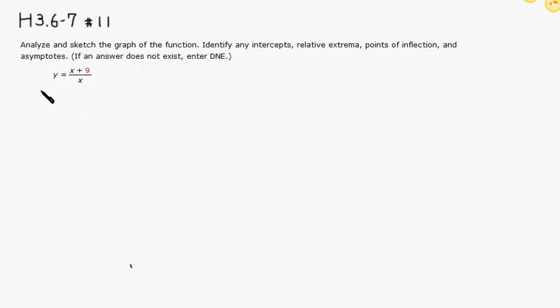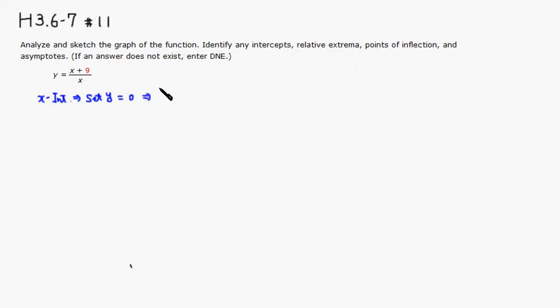For the x-intercept, you are setting y equal to 0. So let's do that.